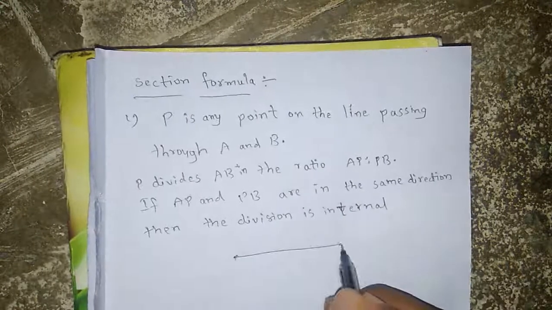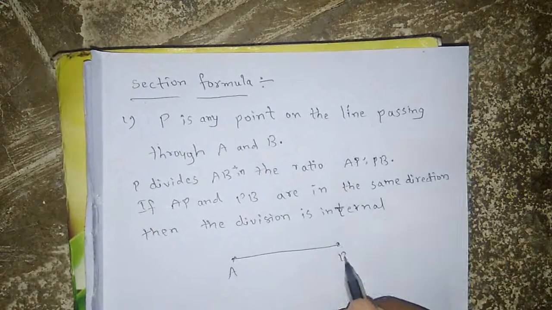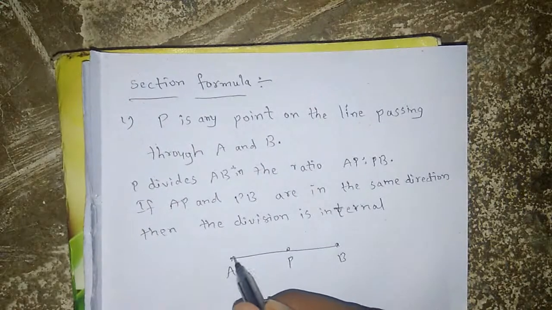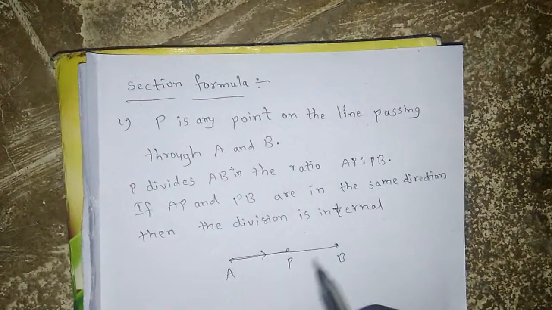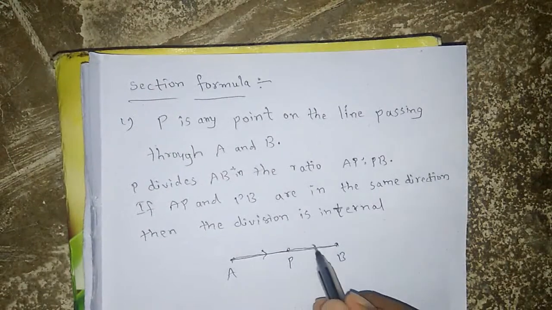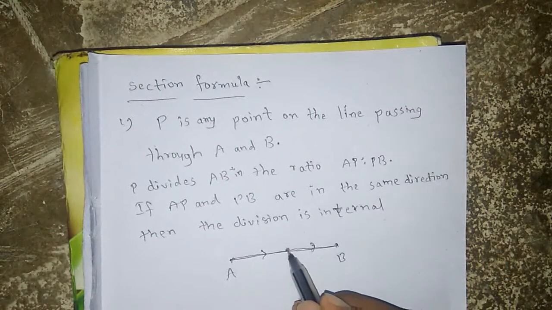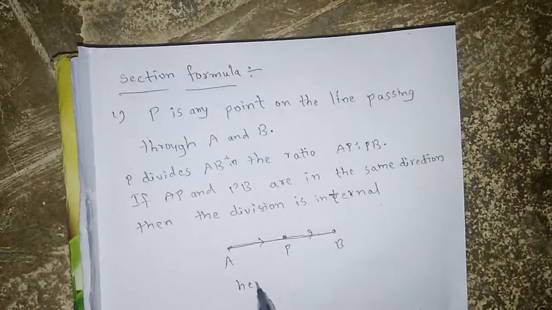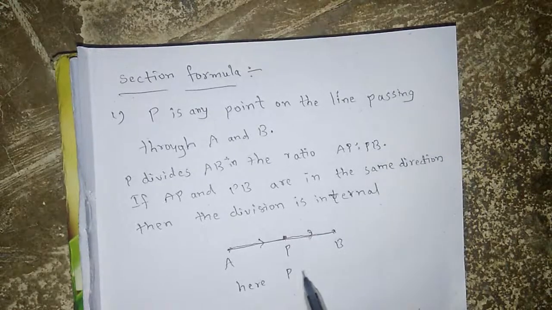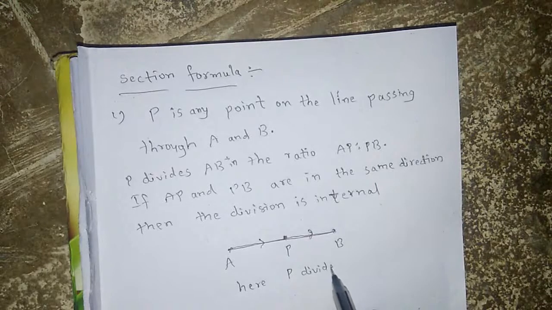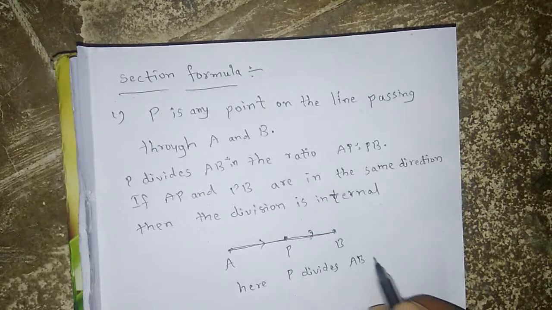That is, if A is here, B is here, P is here, AP it is like this, PB it is like this. So here P divides AB internally.